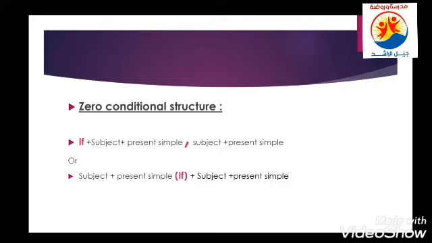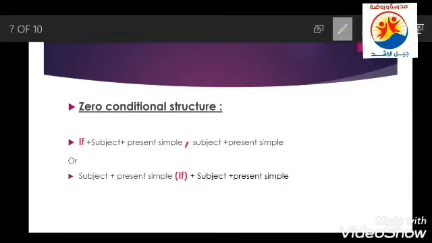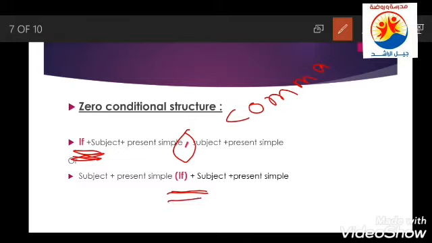In the first sentence we use a comma because I use if at the beginning of the sentence, so I put a comma. The comma is necessary. But if I put if in the middle of the sentence, I don't need to put a comma. Okay.